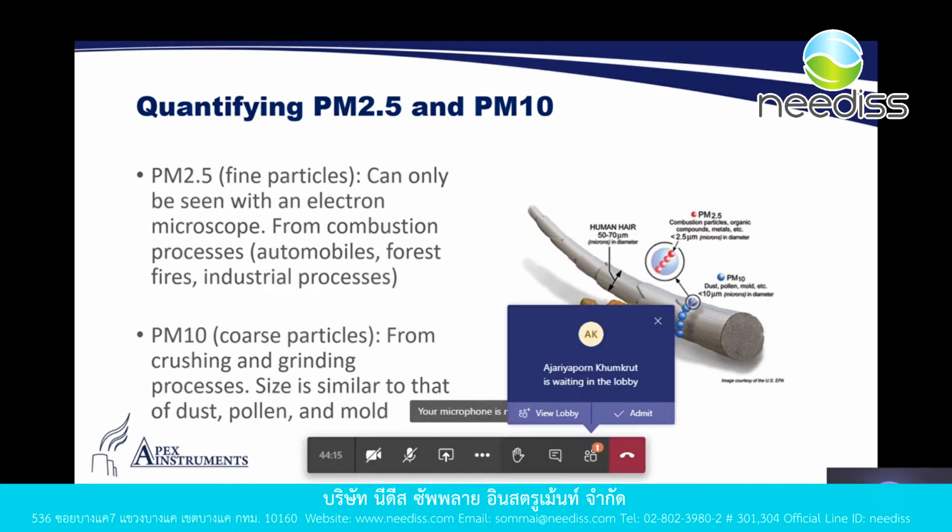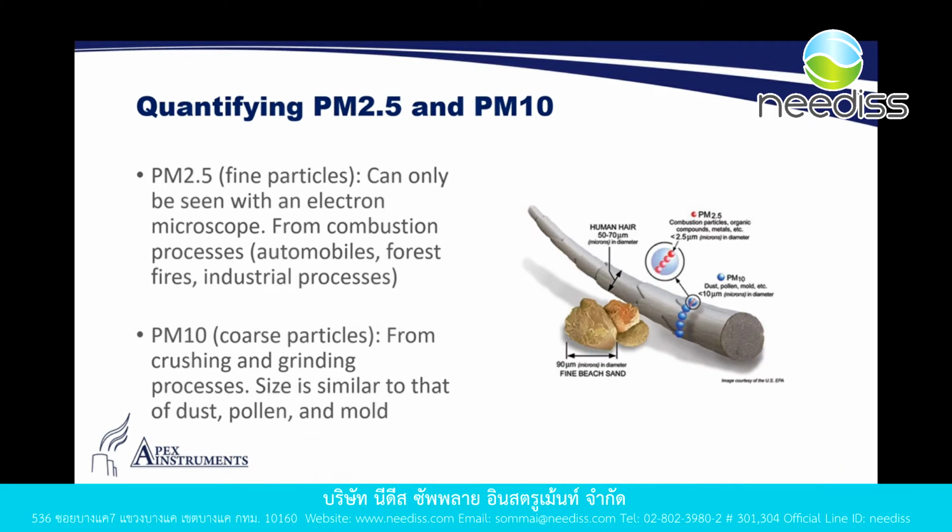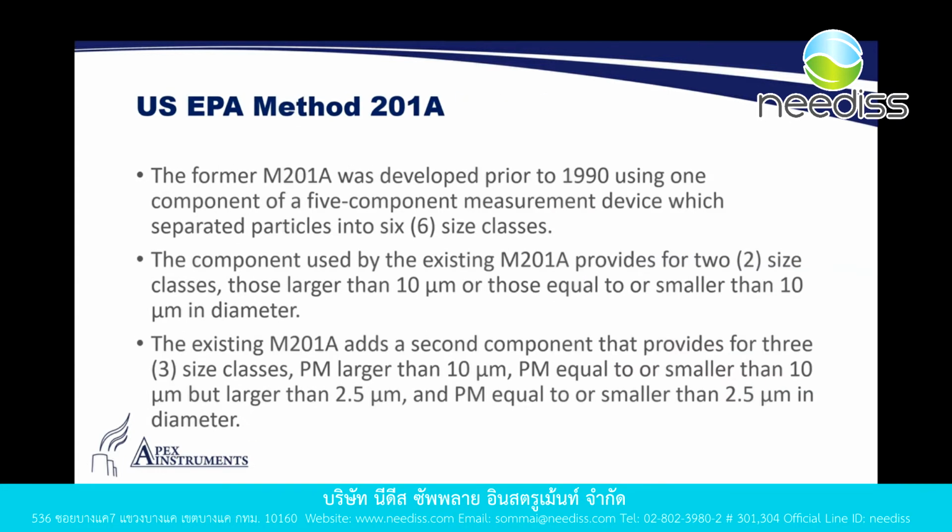And then obviously larger facilities in the industrial process from an emission point, from a chimney or a stack. So these are the two particular PM sizes that this method would be looking for.